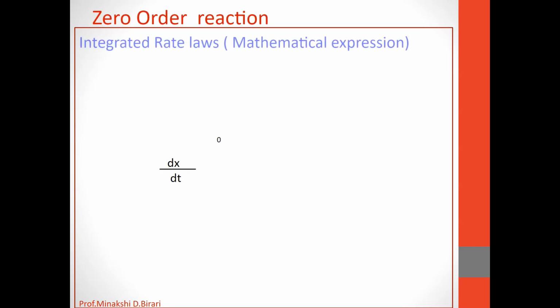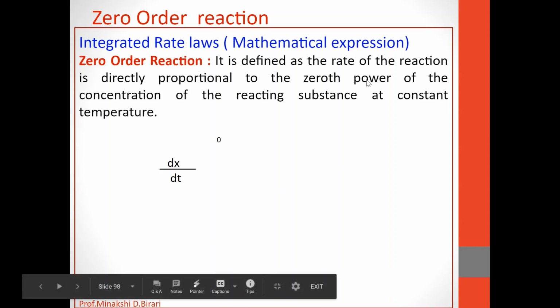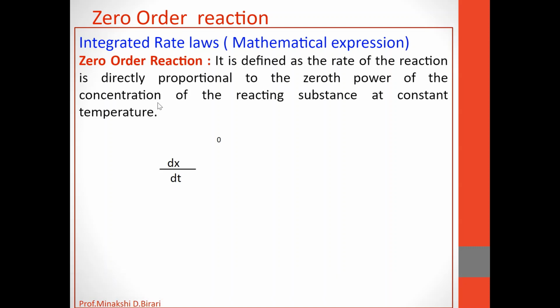So let's see the integrated rate law and also the mathematical expression for zero order reaction. How can we define zero order reaction? It is defined as the reaction whose rate is directly proportional to the zeroth power of the concentration of the reacting substance at constant temperature. According to the law of mass action, rate is directly proportional to the zeroth power of the concentration of the reacting substance at constant temperature. So rate is directly proportional to C0 of reactant.